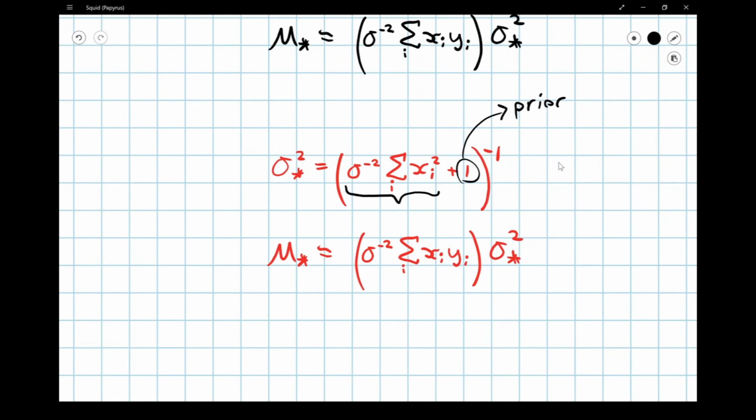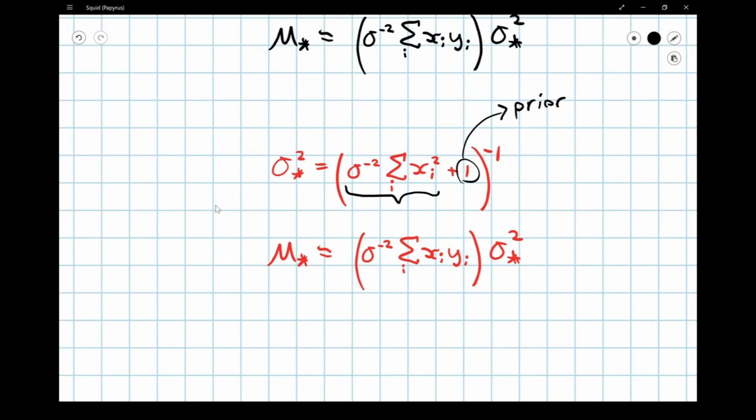So what's going on? Well, two things. That means the posterior is getting narrower. The more data that arrives, the less uncertainty there will be in our estimate of theta. And perhaps that feels right. Also, the more data that arrives, the less significant the prior variance is for this expression.